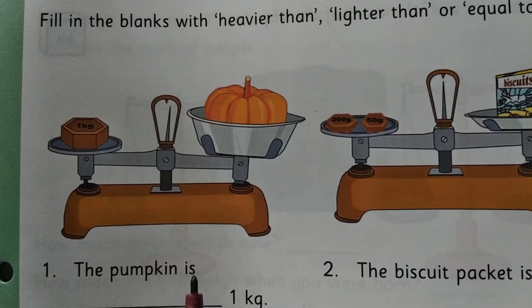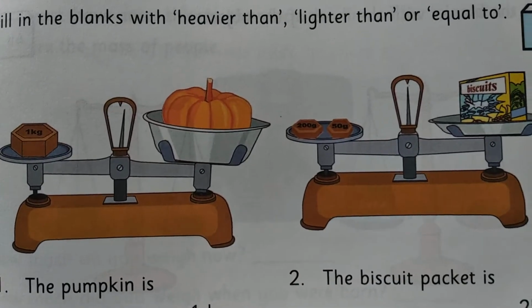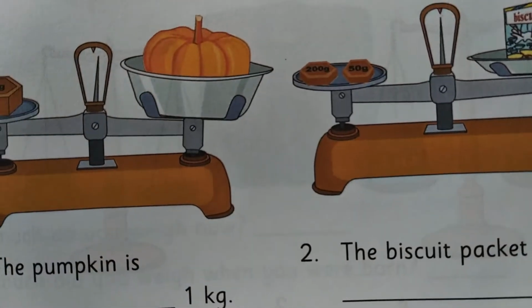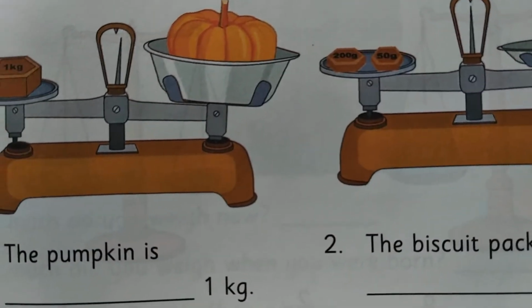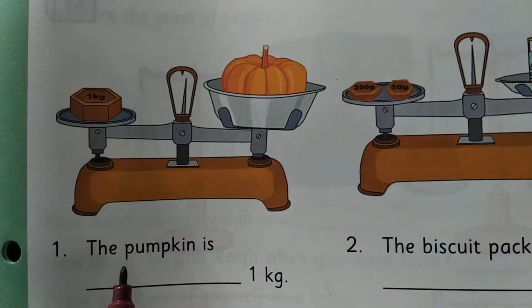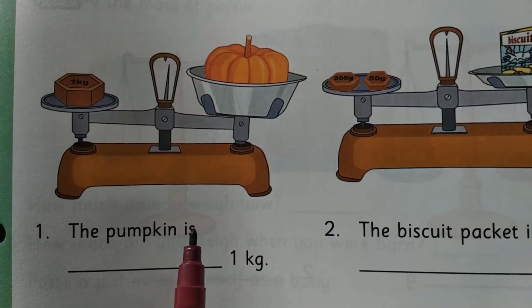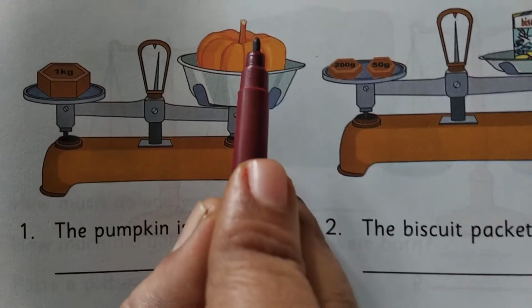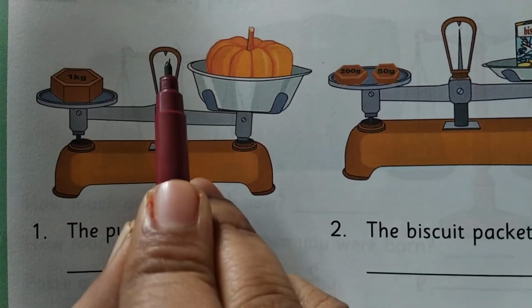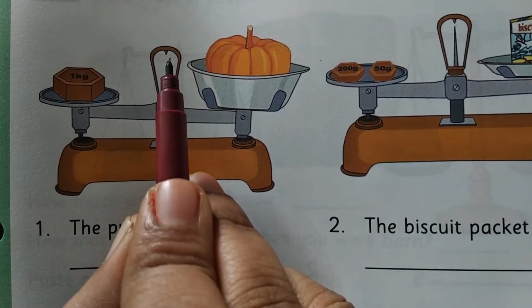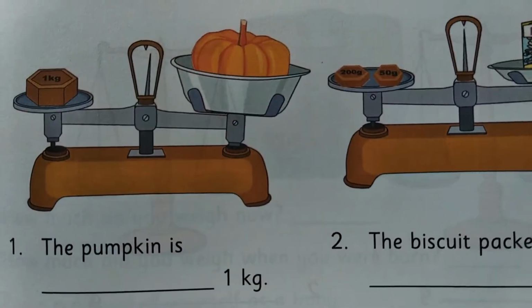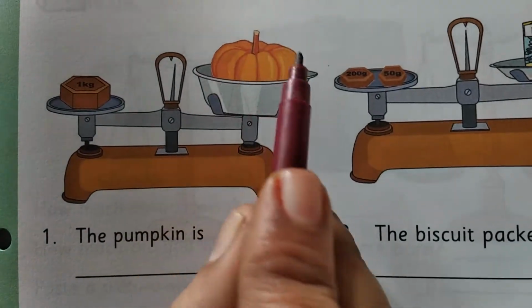So for example, they have given. What do you have to write? You have to write whether the pumpkin is heavier or lighter. How will you find it is heavier? See this point, Kana. This point moves to the right side. So that means the pumpkin weighs more.